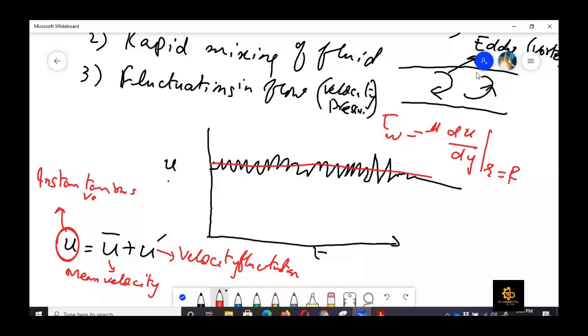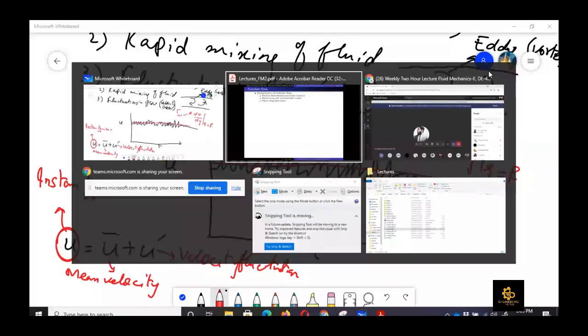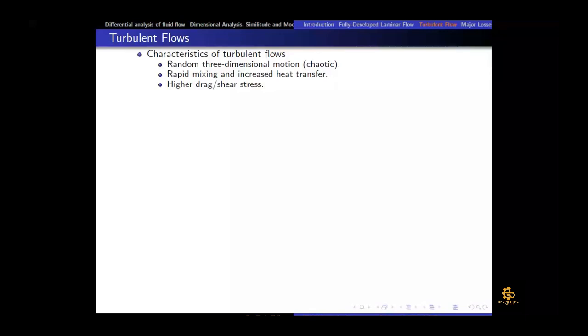So if the velocity in the near wall region increases due to transport of high velocity fluid, the drag force on that surface would be more. It means the shear stress would be more.